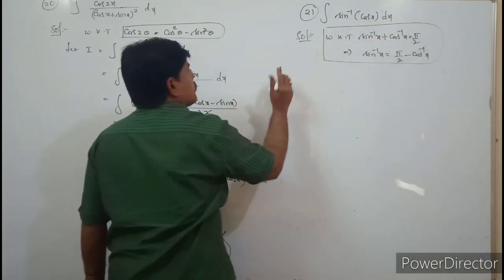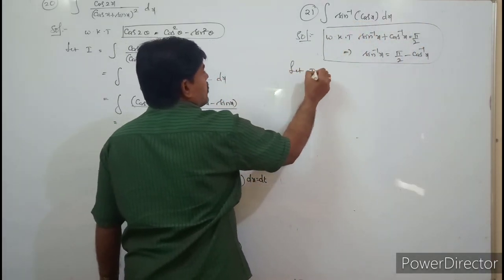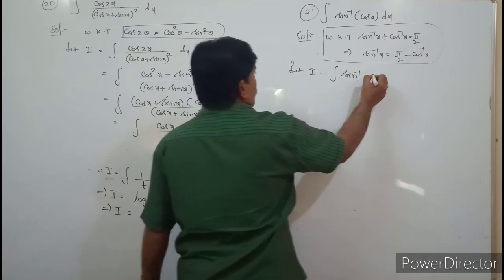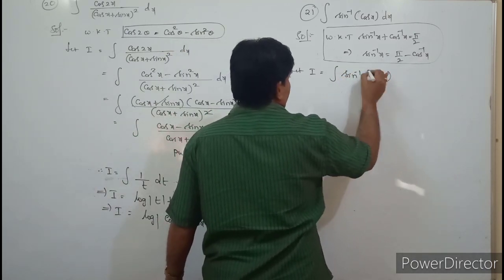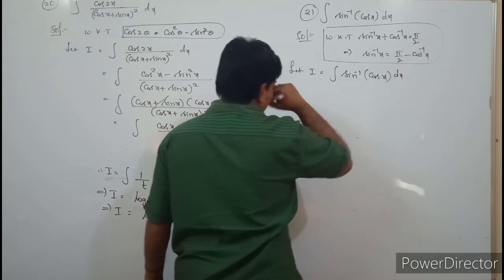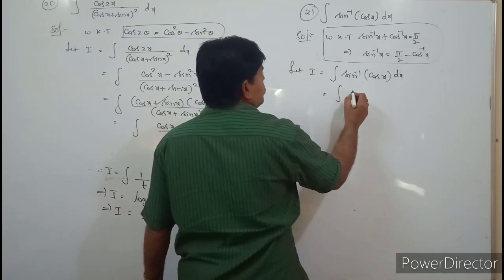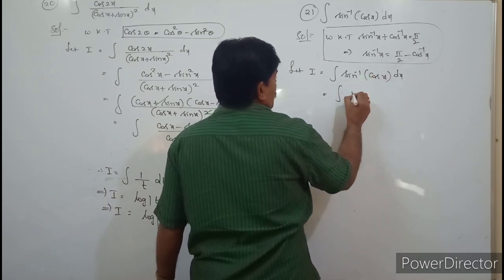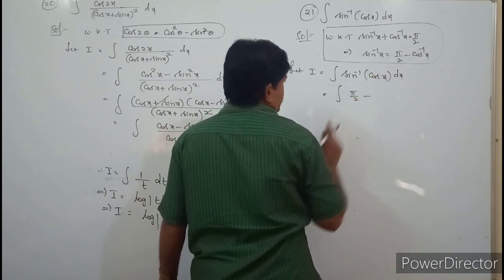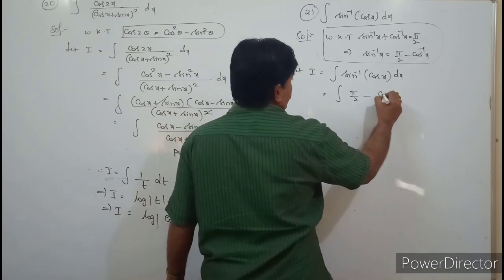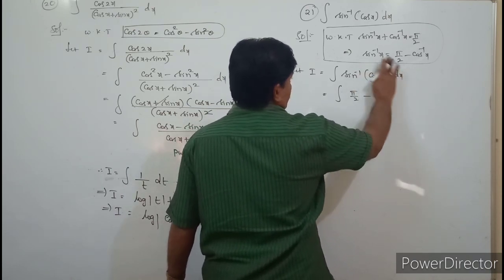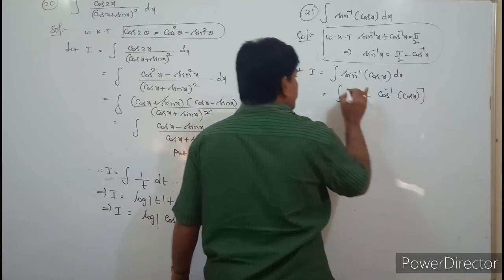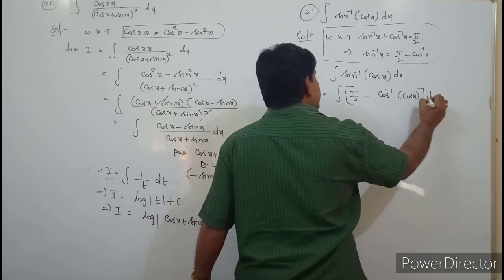So let I be the integral of sin inverse of cos x into dx. That is equal to integral of sin inverse x, which can be written as pi by 2 minus cos inverse of, in the place of x, you have cos x, into dx.